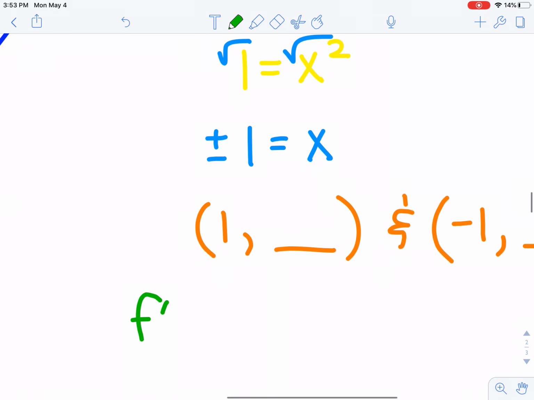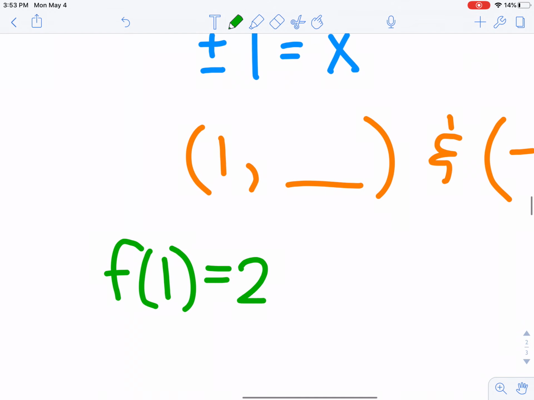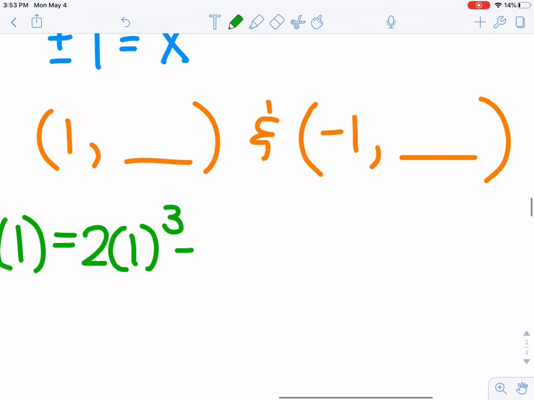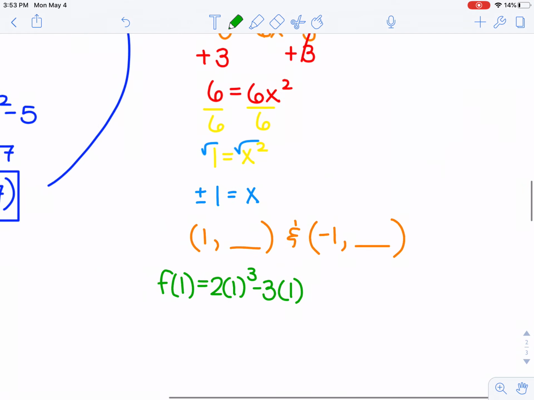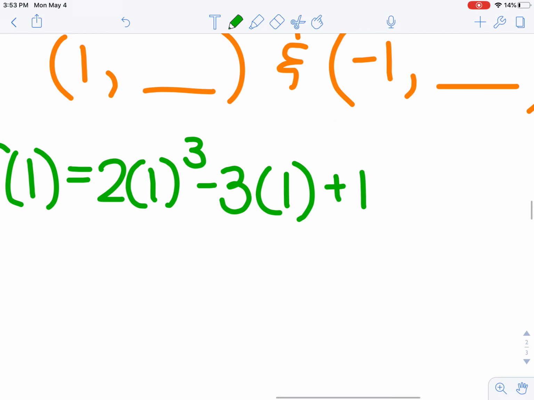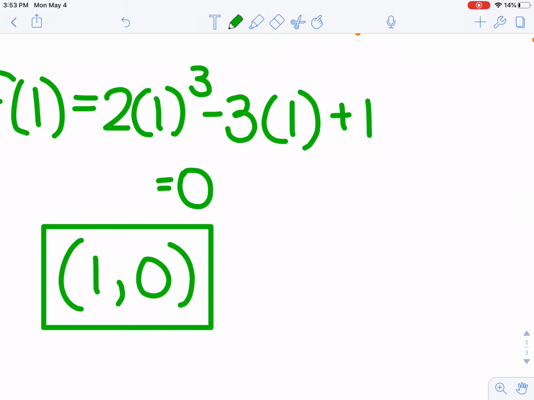So first let's find the original point when x is 1. Plug into the original function. 2 times 1 cubed minus 3 times 1 plus 1. Okay, so that's 1 cubed is 1, so 2 minus 3 is negative 1 plus 1 is 0. Okay, so the first point is 1, 0.